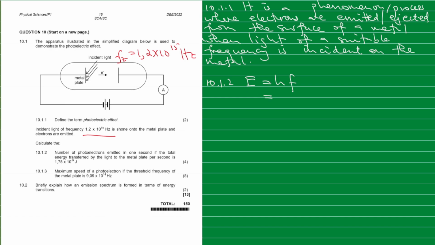So the energy of each photon when the frequency is 1.2 times 10 to the power 15 is 6.63 times 10 to the power negative 34 multiplied by 1.2 times 10 to the power 15.